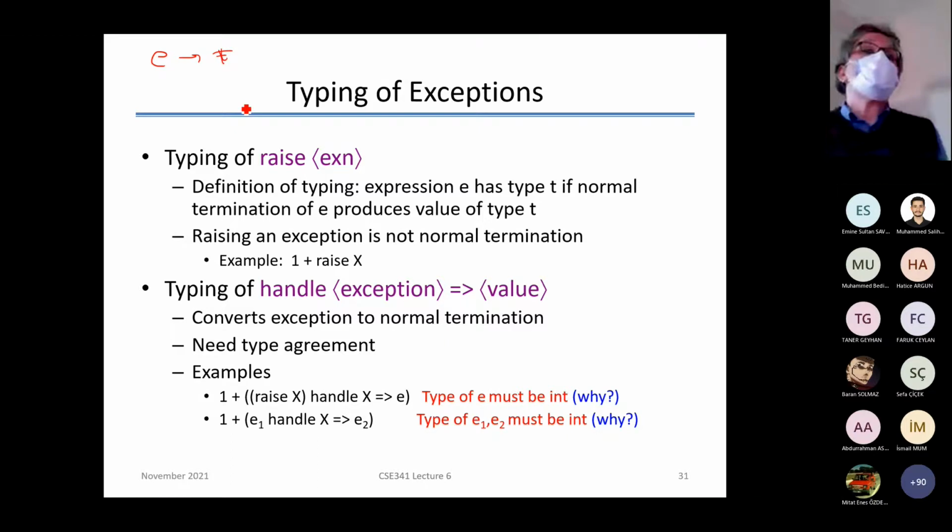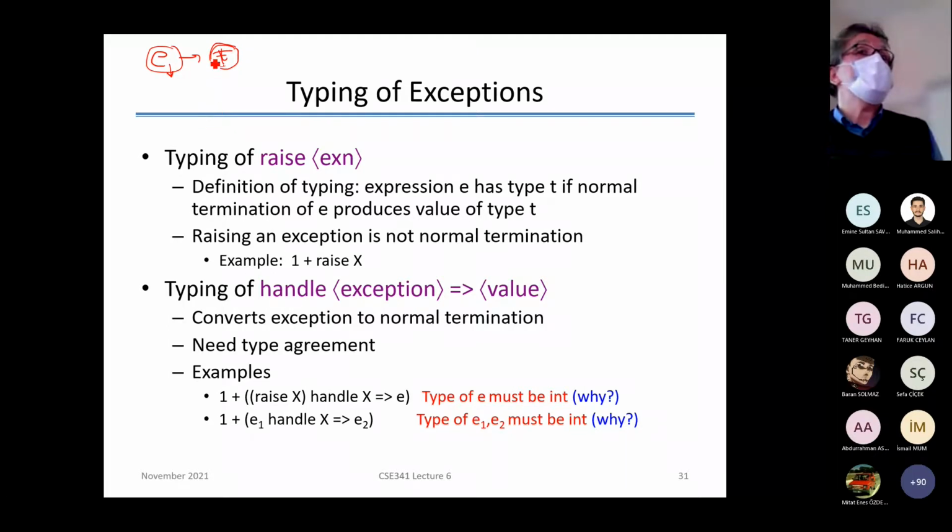So typing is important. We need to understand how we are going to use it later and so forth. But what happens if there is an exception here? What will happen to this type, right? If I use this type in the usual case, what is going to happen in an unusual case? Raising an exception is not normal termination, right?